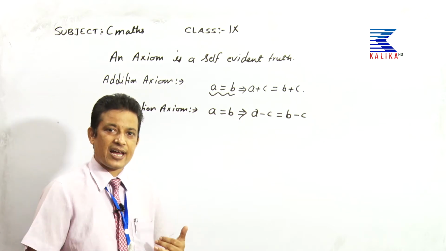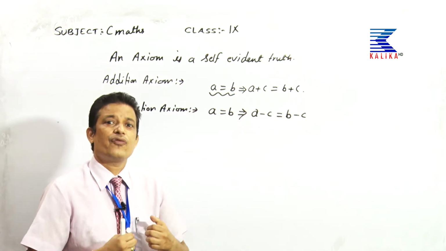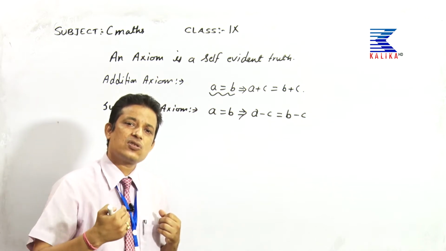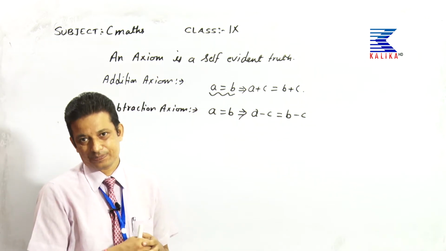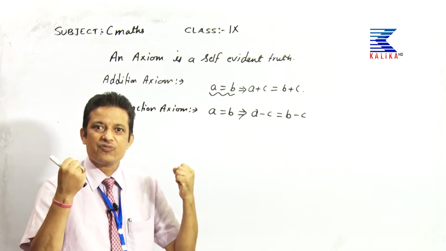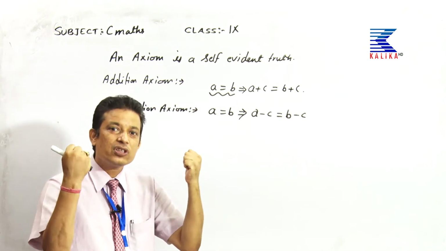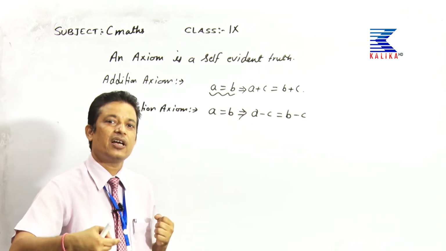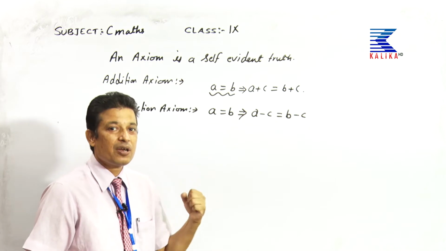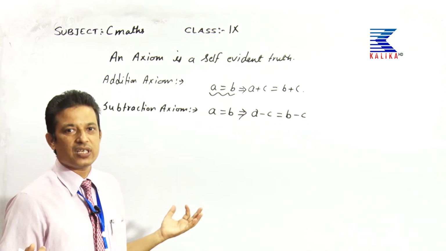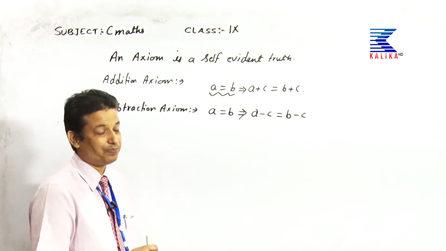If we subtract equal things from two equal quantities, the result also comes equal. If two quantities are equal and we subtract an equal item from both, the difference will again come equal. This axiom is known as the subtraction axiom, and we use it in geometry as well.